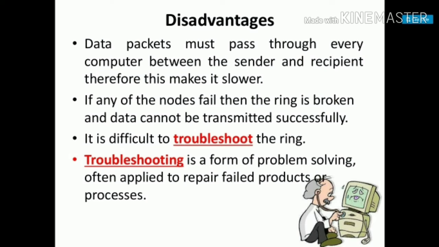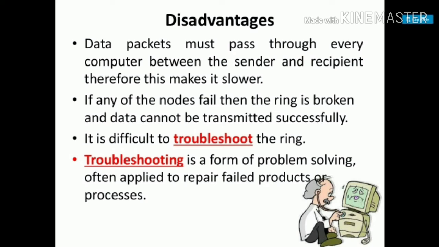Ring topology has some severe disadvantages. Number one is, in ring topology, data packets must pass through every computer between the sender and recipient. Therefore, this makes it very slow. Number two is, if any of the nodes fail, then the ring is broken and data cannot be transmitted successfully.